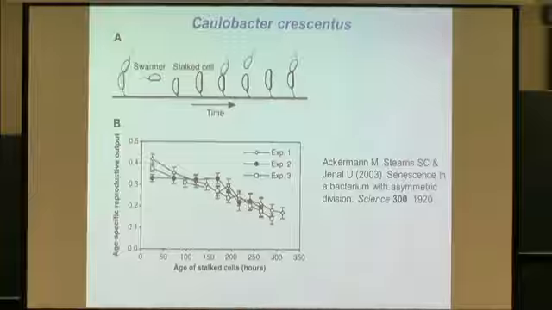So the swarmer cell is budding off, first a very small bud, growing bigger and then leaving. And if you look at the reproductive output of this stalked cell, it goes down with age quite strongly. So there is clearly asymmetric division in this organism.